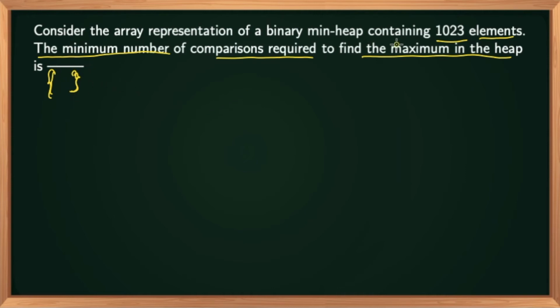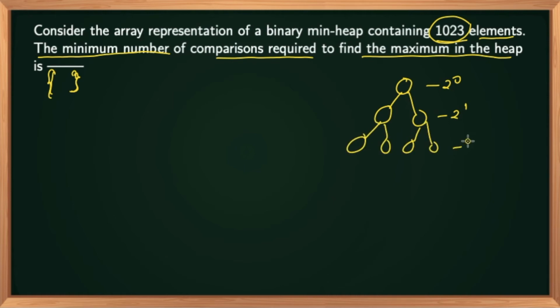Okay. So it's given that we have 1023 elements. So that means it is a full binary tree, right? So you have 2 raised to 0 here, 2 raised to 1 here, then you have 2 raised to 2 elements here, you will have 2 raised to 3 elements here, right?